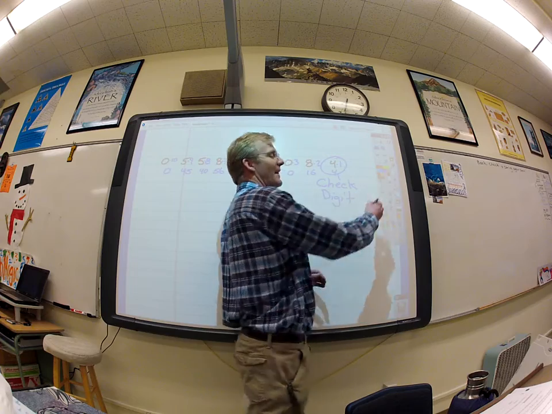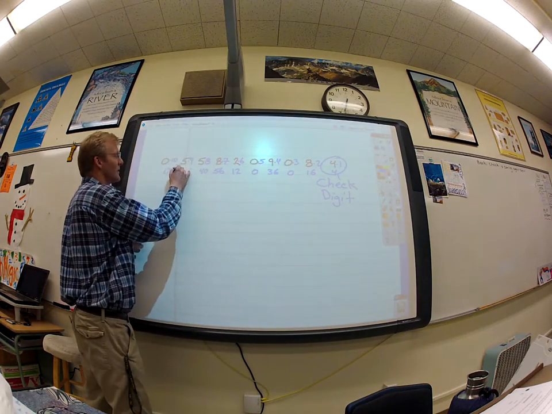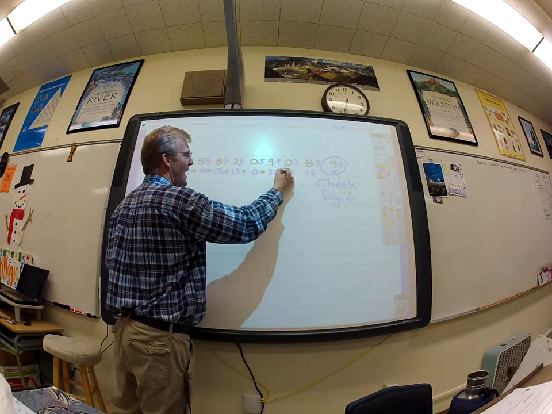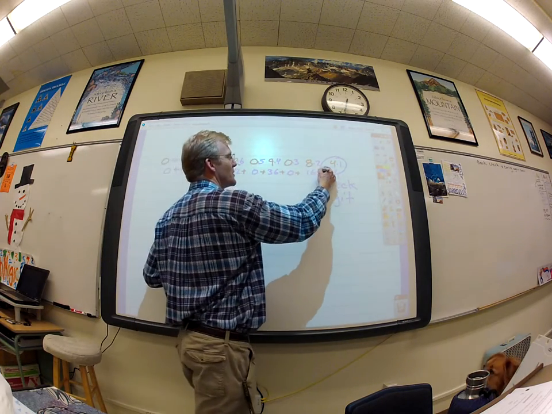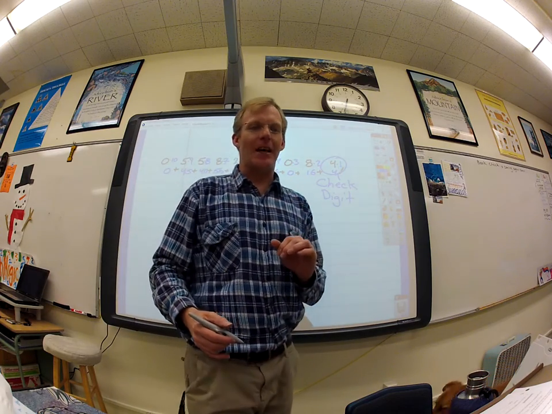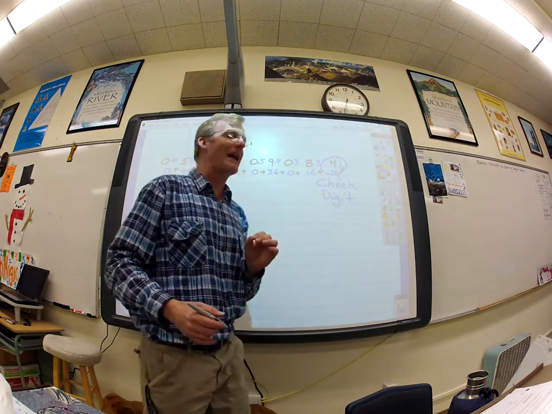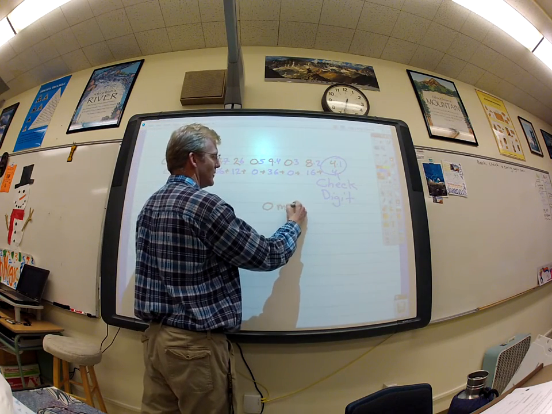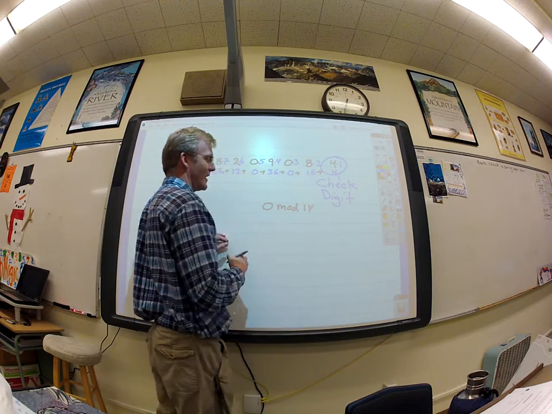Again, we add them all up to get a value. Except instead of mod 10, we use mod 11. We need to end up with a 0 in mod 11. So let's write that down. 0 mod 11 this time.